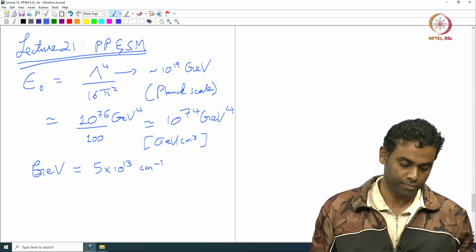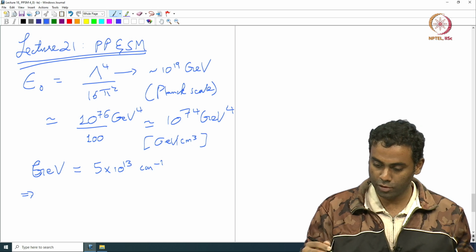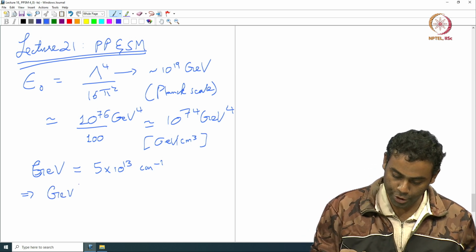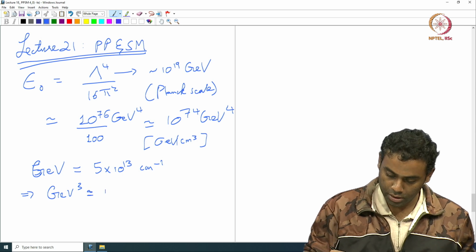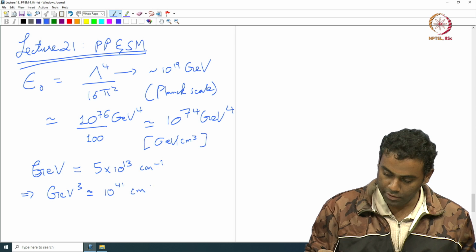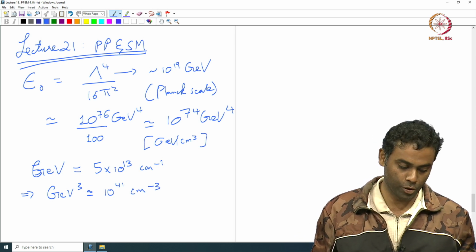Okay, so that means what? I want it in terms of inverse centimeter cubed, right? So I can pull out a GeV cubed, that will give me around 10 power 41 inverse centimeter cubed, right? Okay.